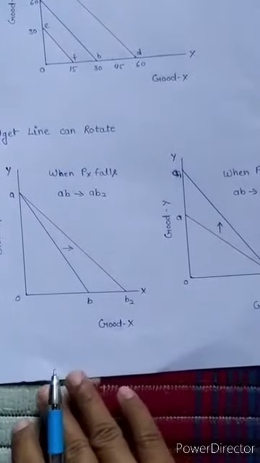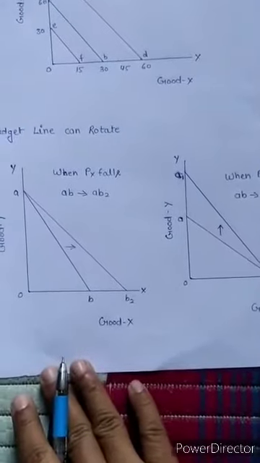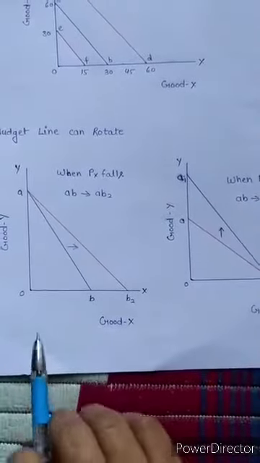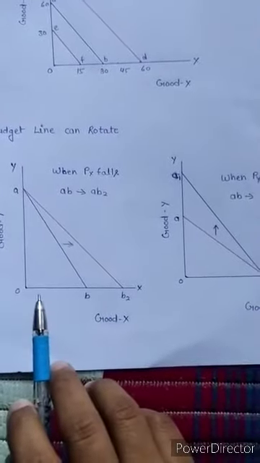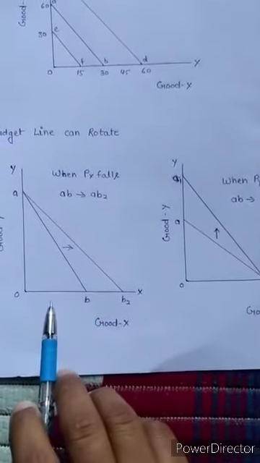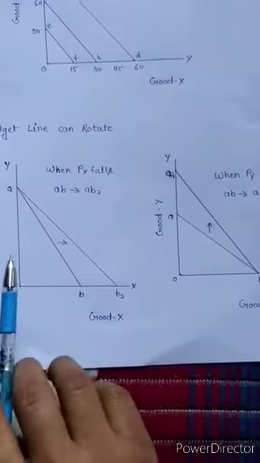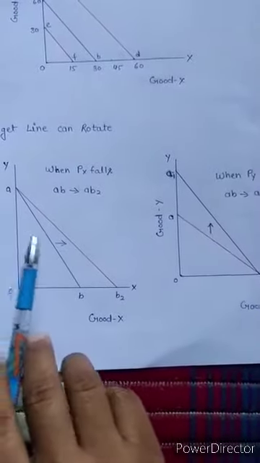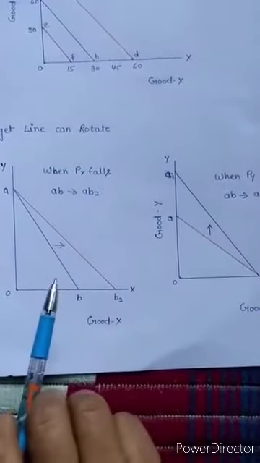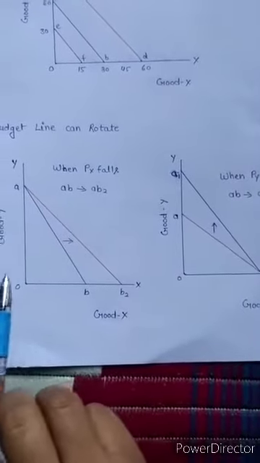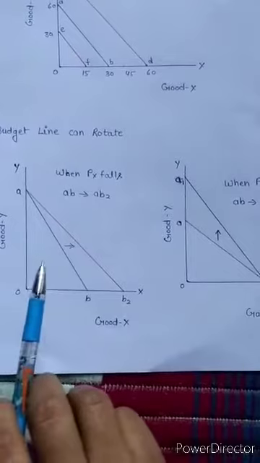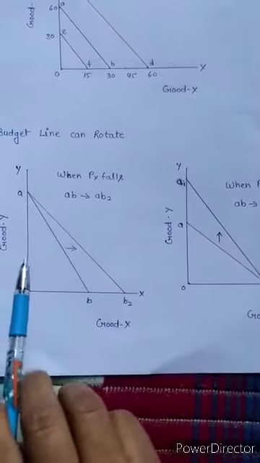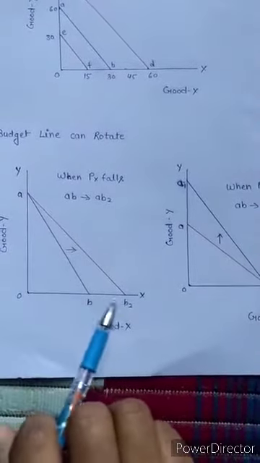When the price of X commodity decreases or falls, the budget line shifts from left to right and it becomes AB1.